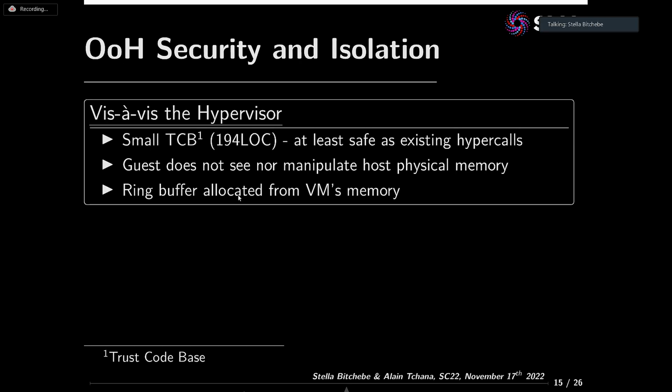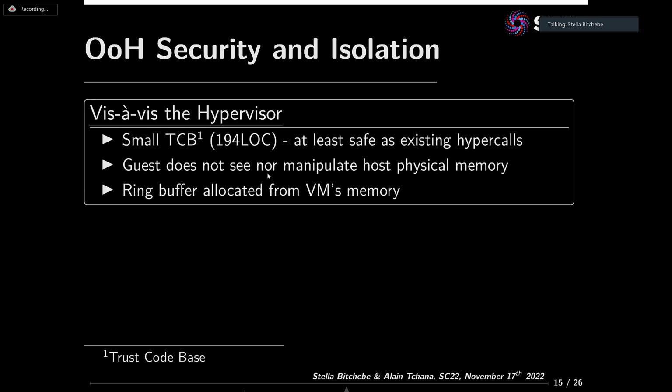As we provide the guest with direct access to the hardware, this can raise some security concerns. However, we do not break the isolation between VMs, and we do not compromise the hypervisor. With shadow PML, we only add a single hypercall, and it is at least as safe as the existing hypercalls in the hypervisor.